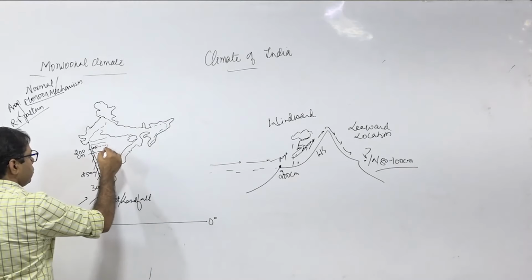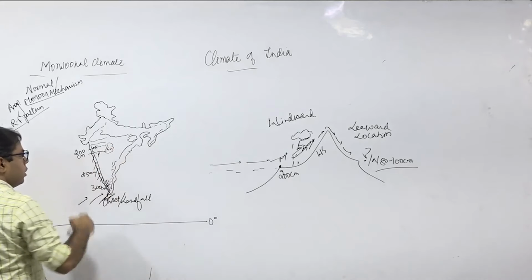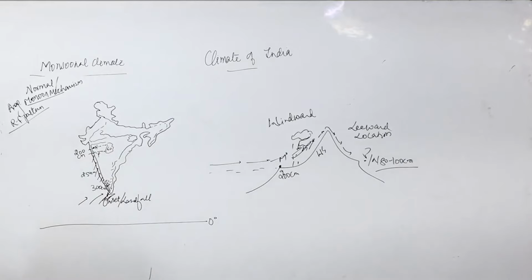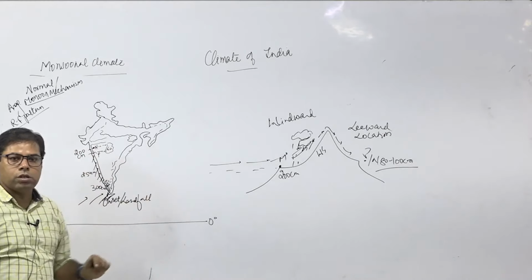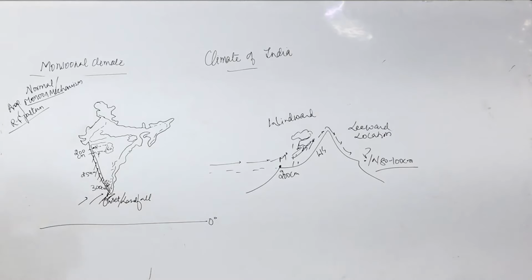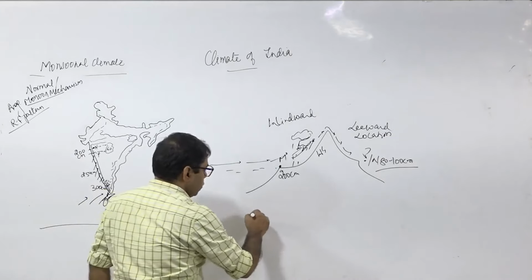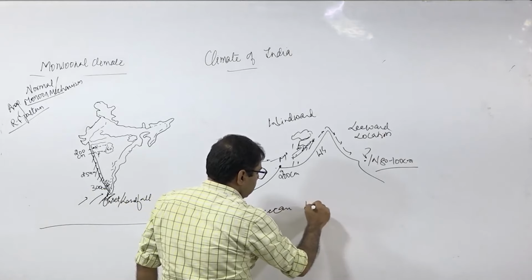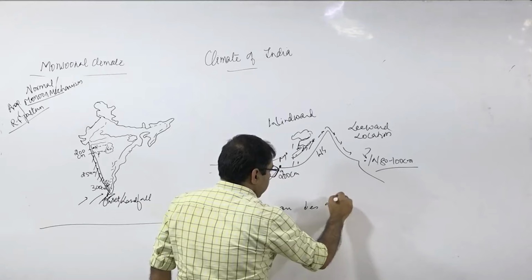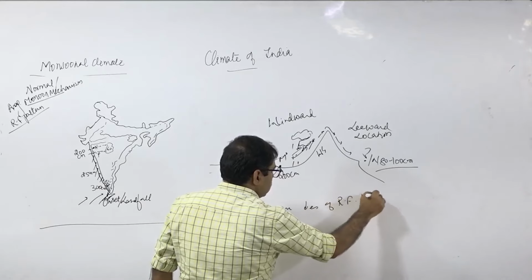So, here eastern Maharashtra receives rainfall of about 60 centimeter. So, there is a decrease of rainfall over the Deccan Plateau from west to east.